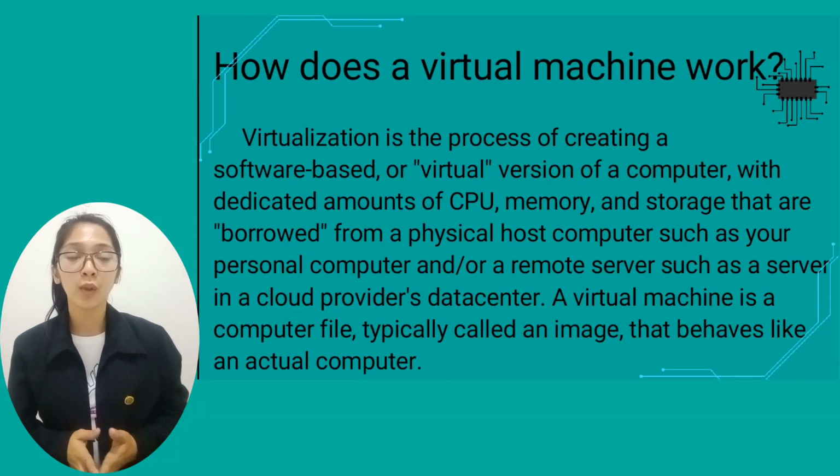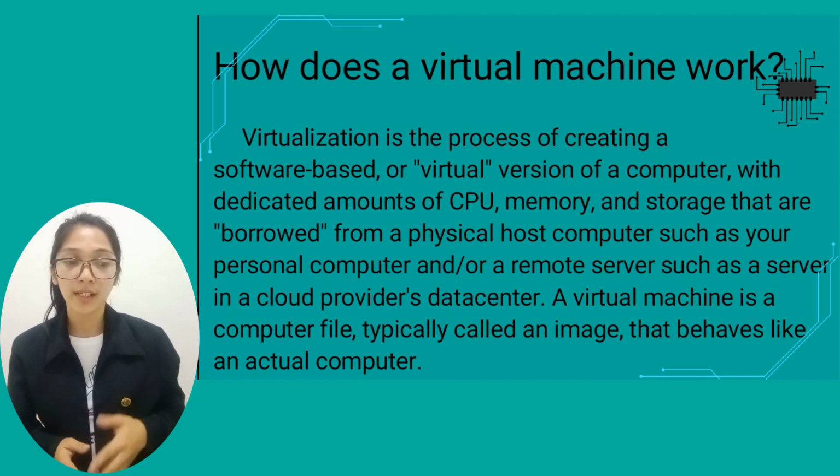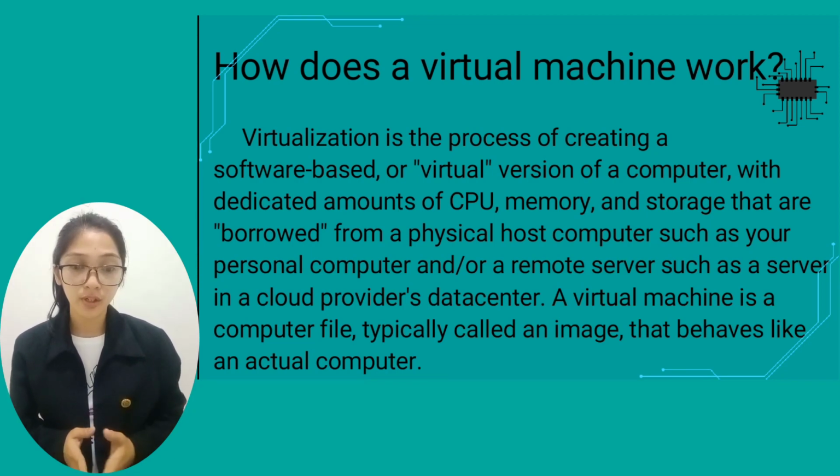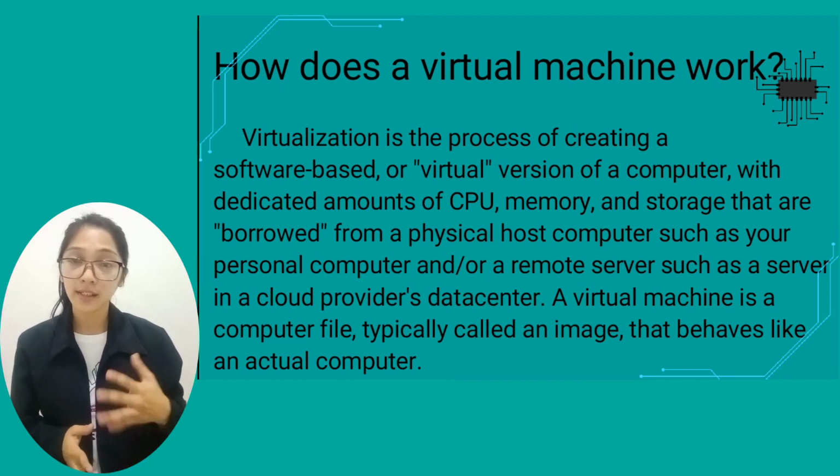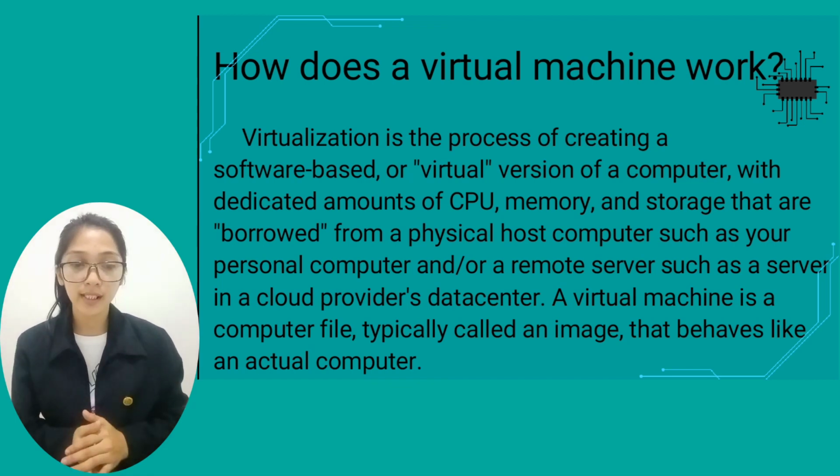So how does a virtual machine work? Virtualization is the process of creating a software-based or virtual version of a computer with dedicated amounts of CPU, memory, and storage that are borrowed from physical host computers, such as your personal computer, and/or a remote server, such as a server in a cloud provider's data center. A virtual machine is a computer file, typically called an image, that behaves like an actual computer.